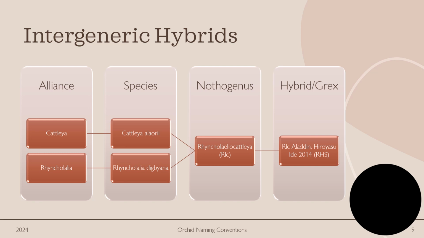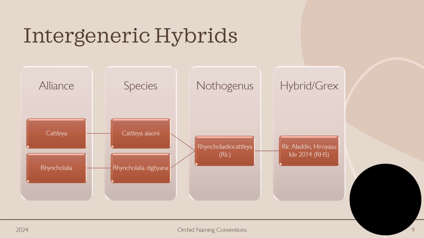That was crossed to create a hybrid, or another word there, Grex, which I'll explain in a minute, called RLC Aladdin. This was made by Hiroshi Ide in 2014 and registered with the RHS in 2014.